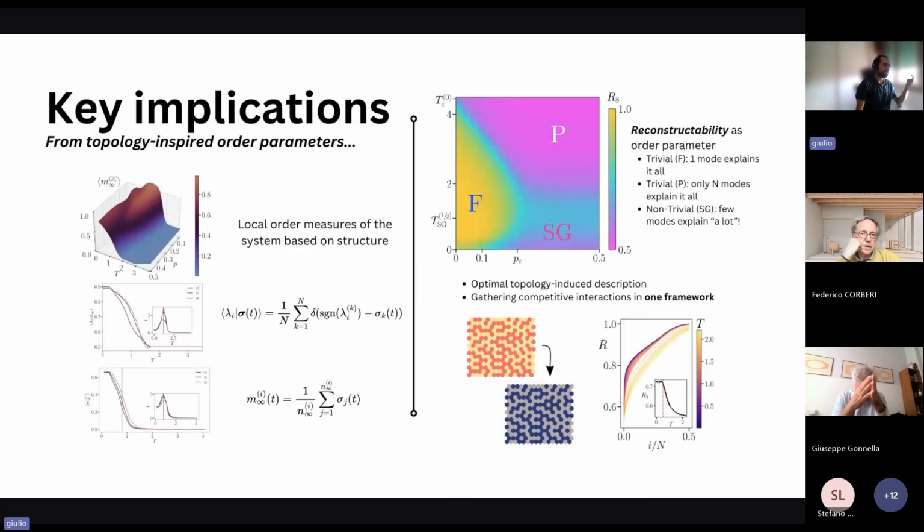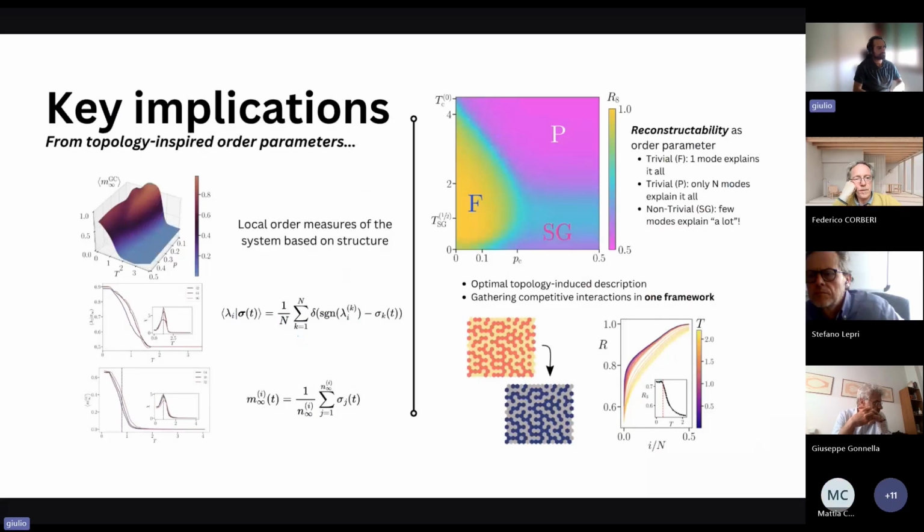Yes, I think the answer lies more or less in this kind of order parameters. We haven't yet studied the non-equilibrium properties of the system itself, but it's definitely interesting to see what the behavior of these, for example, topology-inspired order parameters is when you start perturbing the system or setting it into out-of-equilibrium states.